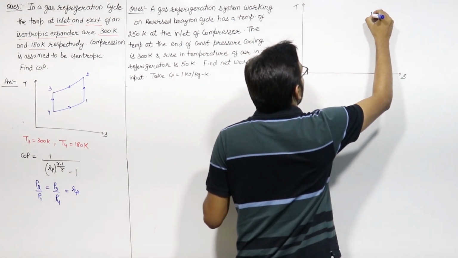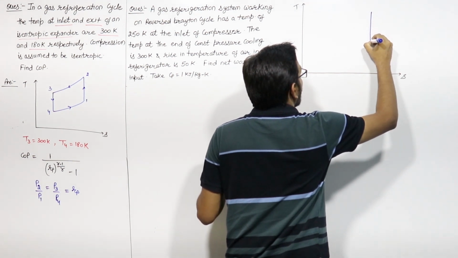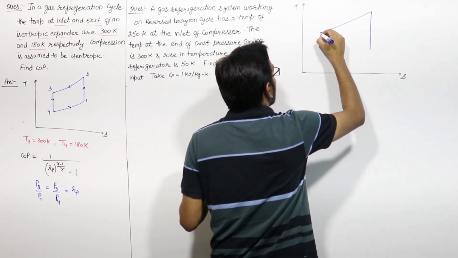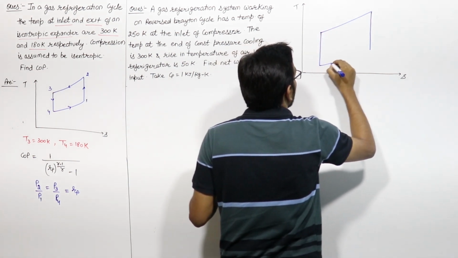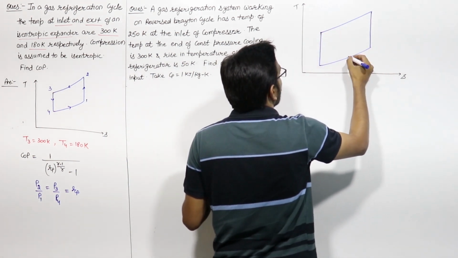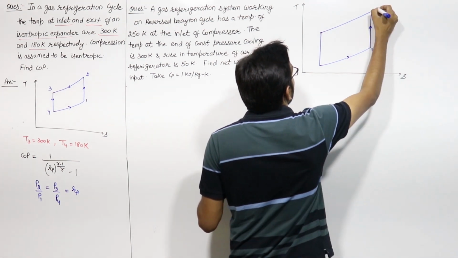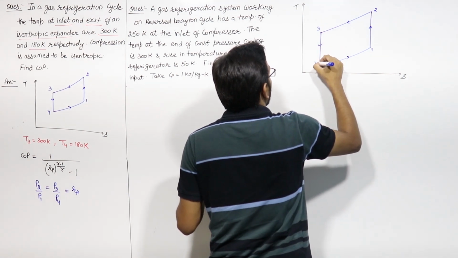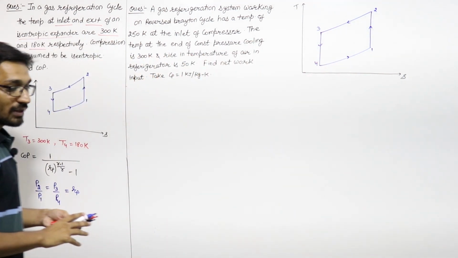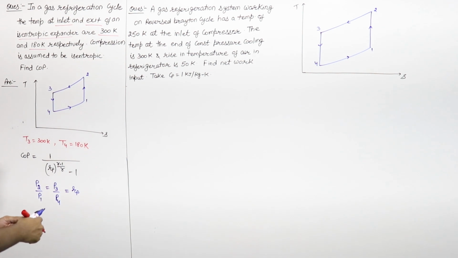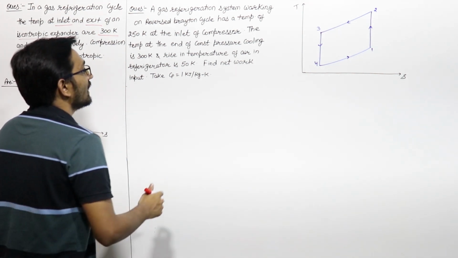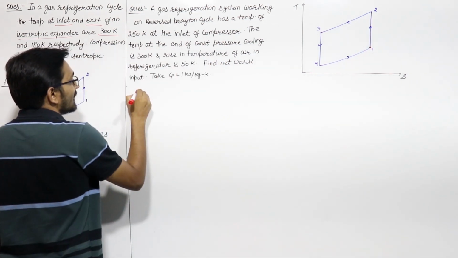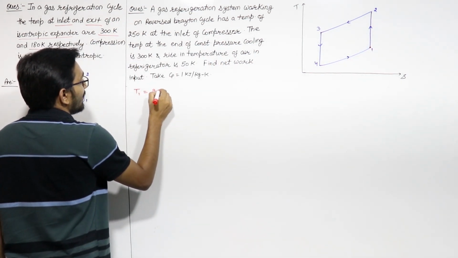So simple: process 1 to 2, 2 to 3, 3 to 4, 4 to 1. This is 1, this is 2, 3, 4. The question says it has a temperature of 250 Kelvin at the inlet of the compressor, so T1 is given as 250 Kelvin.